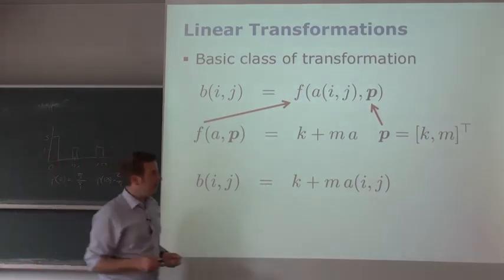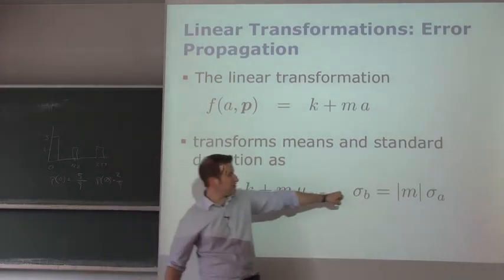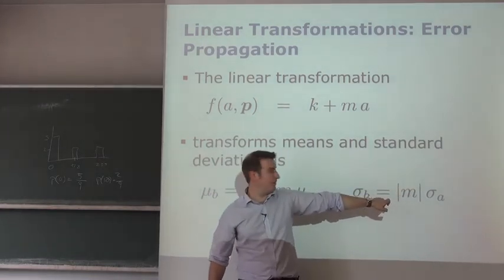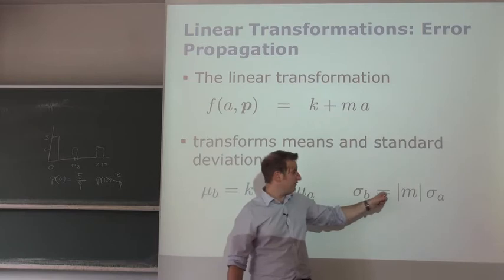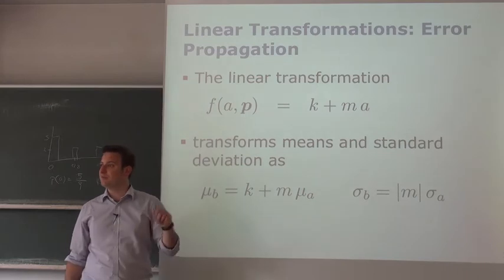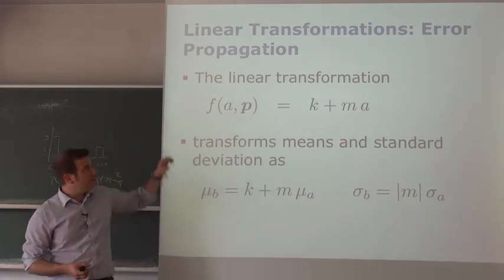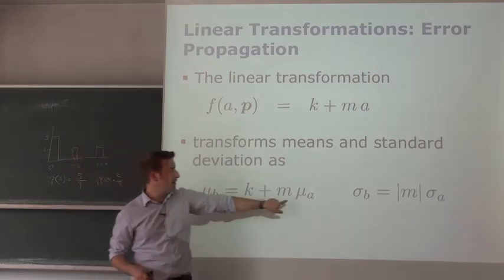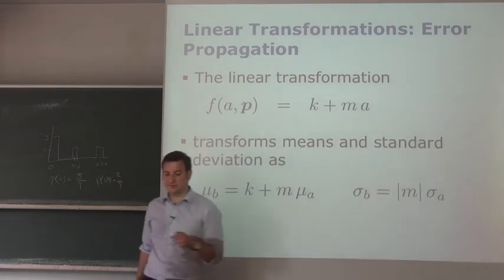With standard error propagation, I can do exactly the same for the variance, or the standard deviation. The standard deviation is the absolute value of m times the original standard deviation. This results from the new variance being m squared times the old variance. Depending on whether m is positive or negative, I need to take that into account, therefore we have the absolute value. So for this linear transformation, the mean of my output image B can be computed directly from the mean of the image A, and the same holds for the standard deviation.